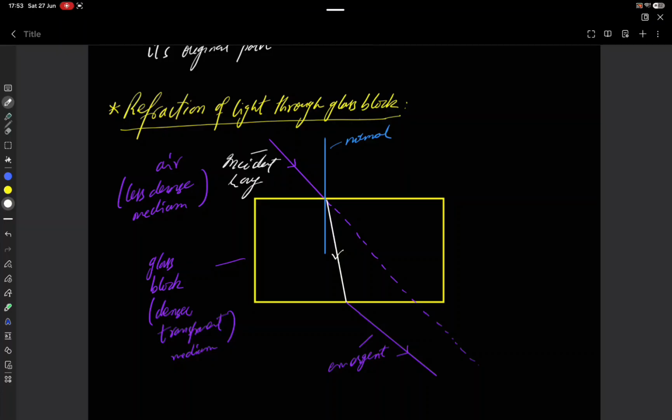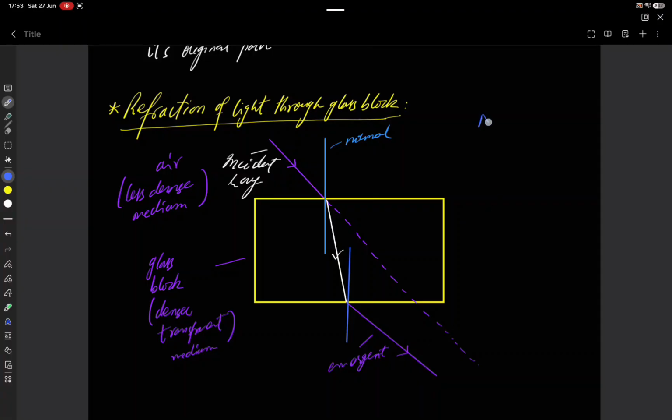When it travels from denser to less dense medium, the speed of light increases and it bends away from the normal. So here the light ray bends away from the normal, and it is always parallel to the extended incident ray.